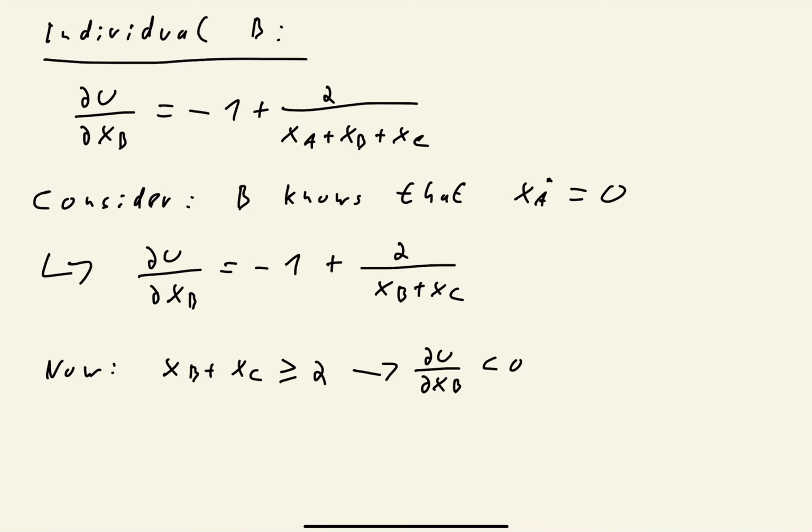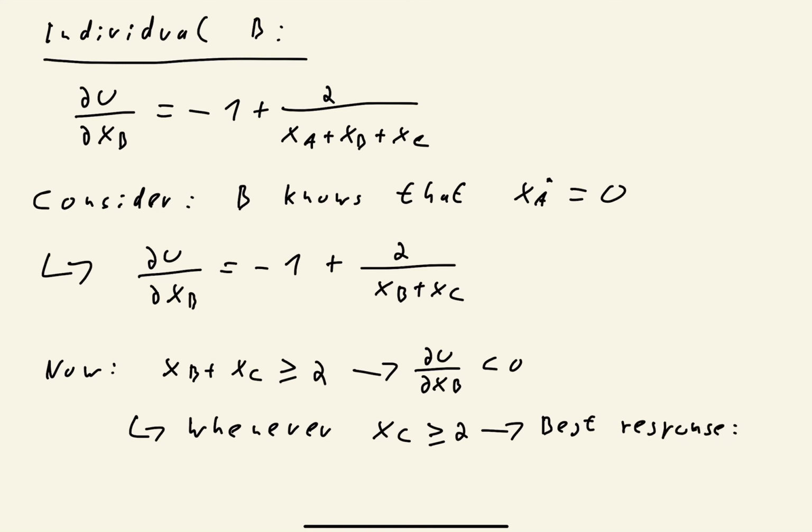So his utility is decreasing if he's increasing his amount of the public good, or the amount of the public good that he provides. Therefore, whenever xc is weakly larger than 2, his best response is given by xb equal to 0.